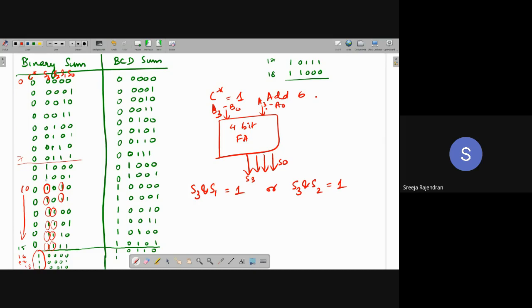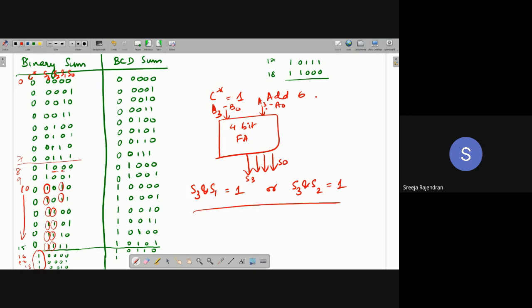Now, in 8 and 9, S2 and S1 are both 0, so there also it will be false for this condition. So it does not apply to anything above... rather, this condition will perfectly work for all the numbers generated from 10 onwards. So for 10 to 15, this is the condition that I have to look for. And if it is 16 or above, just C star will be able to give me the output. So that is the correction part.